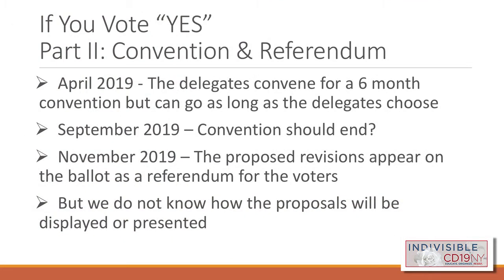Next slide. And then once you elect the delegates, in 2019, that's when your convention would actually occur. The convention would be scheduled April to September. That's when it's supposed to be held, though technically the convention can run as long as the delegates decide that it should run.